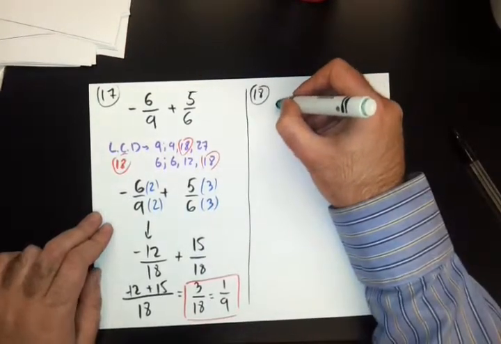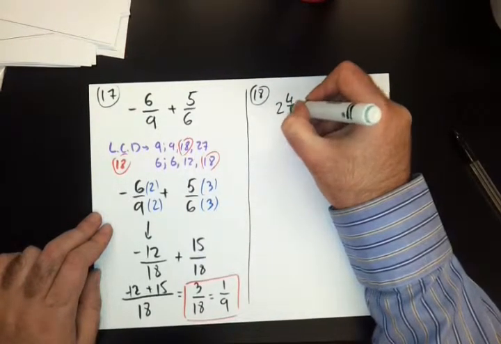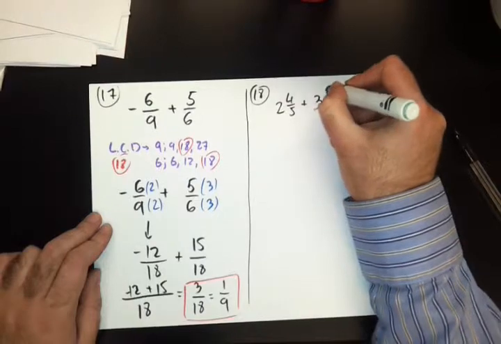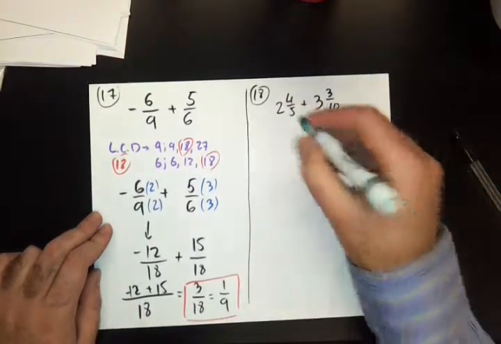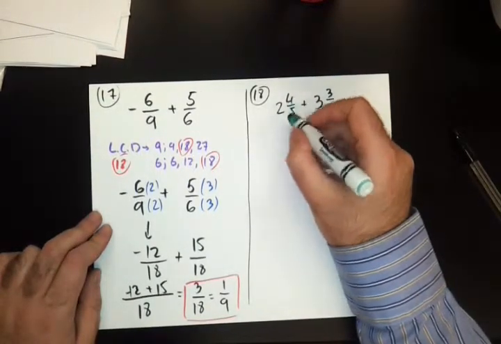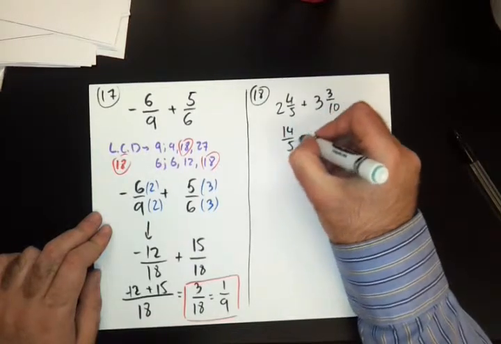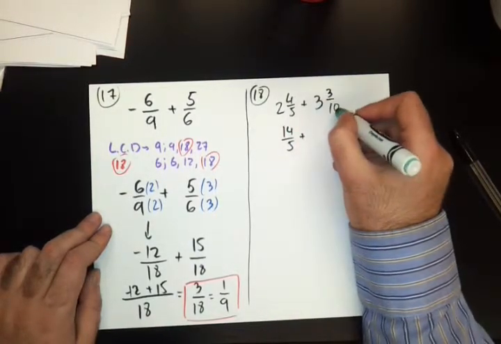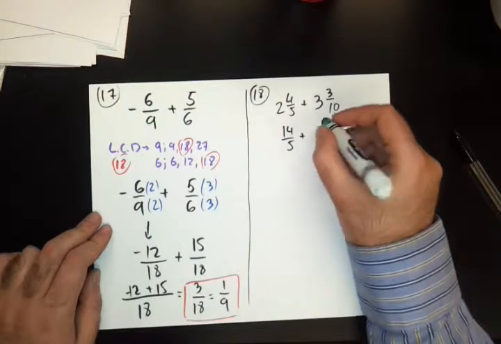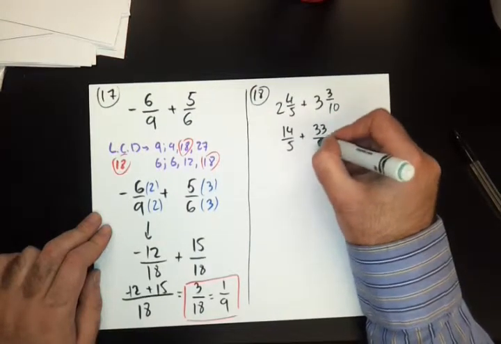Mixed numbers. Convert mixed numbers first. 2 times 5 is 10. 10 plus 4 is 14 over 5. 3 times 10 is 30. 30 plus 3 is 33 over 10.